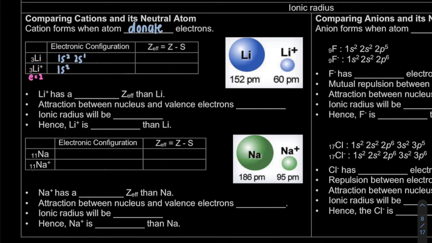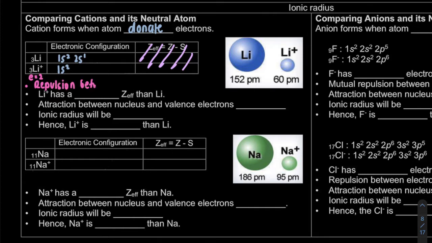Okay, so what happened here is first the number of electron berkurang. So when the electron decreases, maknanya the repulsion between electron decreases.